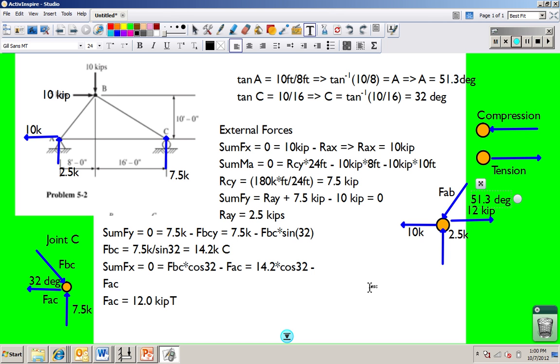Alright, so now let's go ahead and solve joint A, and we can do it simply with sum of forces y.